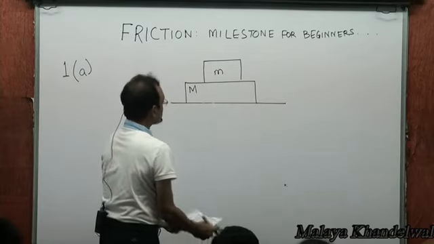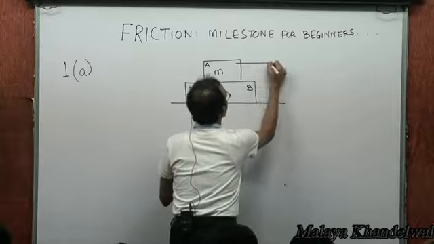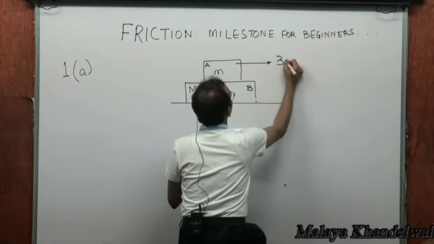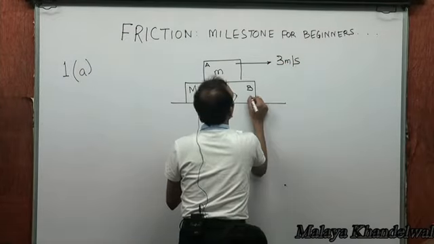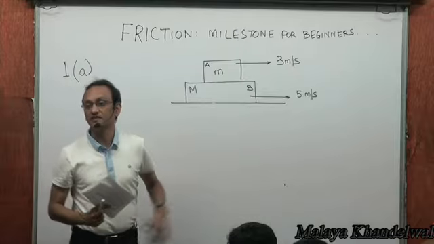It's given that this block is referred to as A, this block is referred to as B. The velocity of this block is 3 meters per second, whereas the velocity of this block is 5 meters per second, right? And there is friction between A and B, and there is also friction between B and the ground. There are two interfaces. We want to be able to find the direction of friction on each of the blocks at the two interfaces, right?